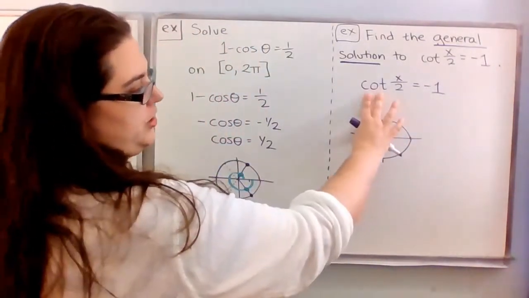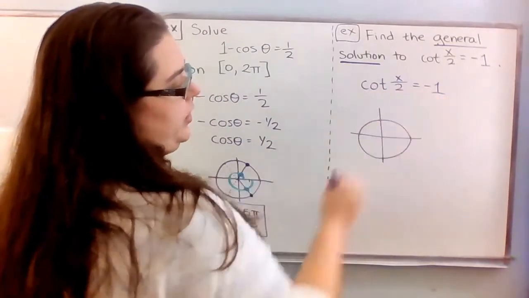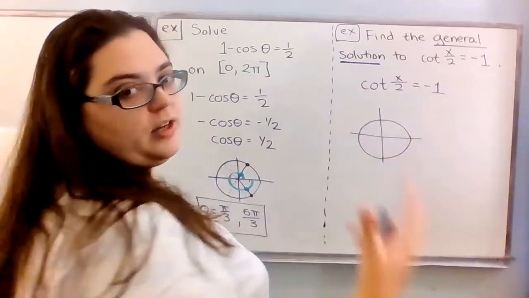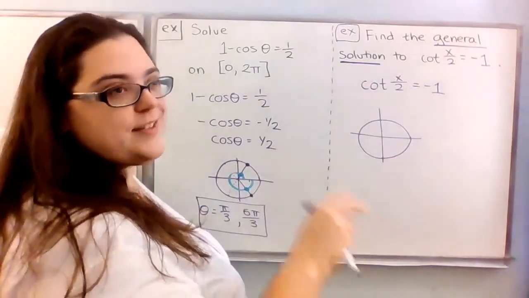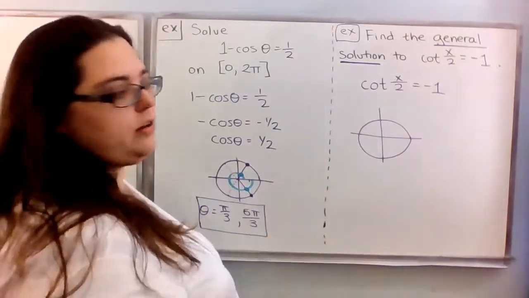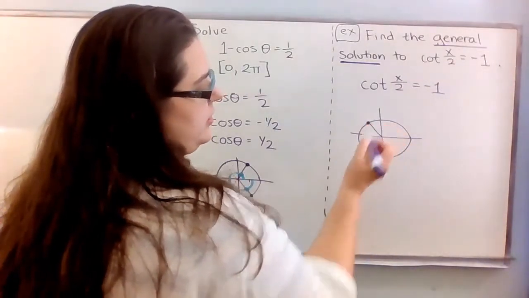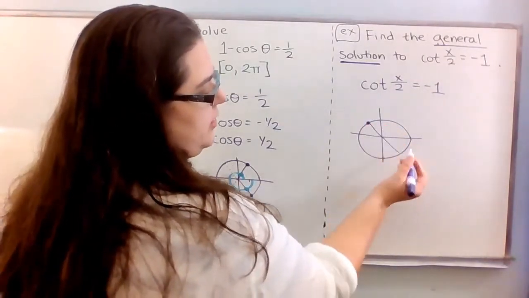And cotangent is going to be a negative value in quadrants 2 and 4. And it's going to be a value that encompasses a 1 at pi fourths, right? Because that's when sine and cosine, or x and y, are the same. So we're going to have this angle here and this one down here.